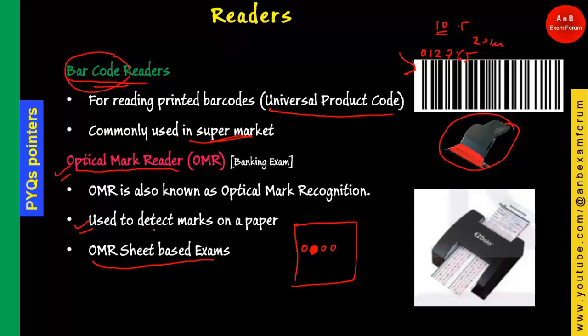It detects the marks on the paper, checking the specific density of the mark. That paper is generally called an OMR sheet. This device, as you can see, is called OMR, optical mark reader, or sometimes it is known as optical mark recognition. So these are the two readers, very important input devices which are generally asked in exams.